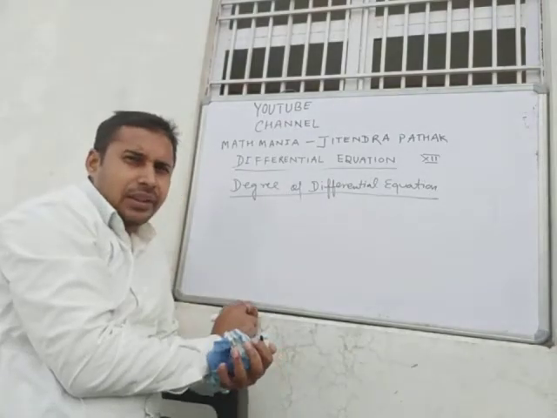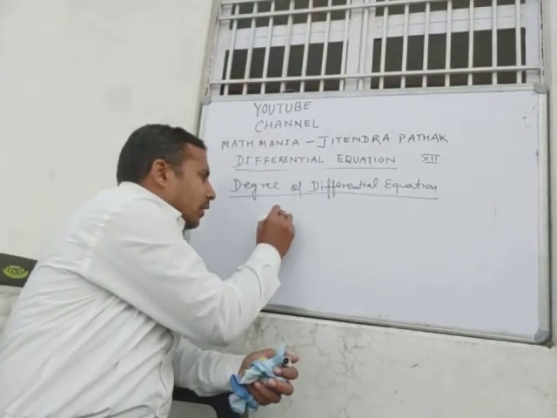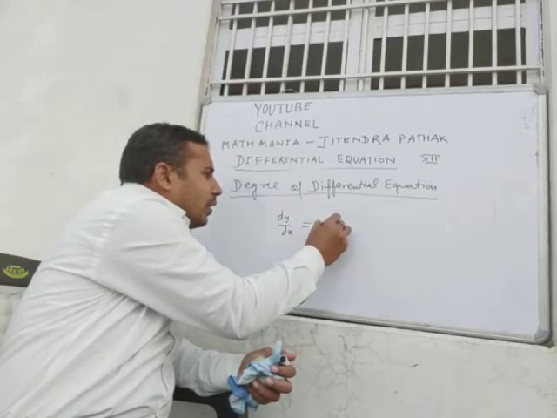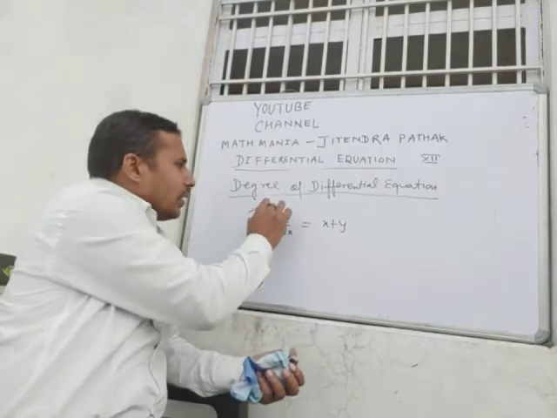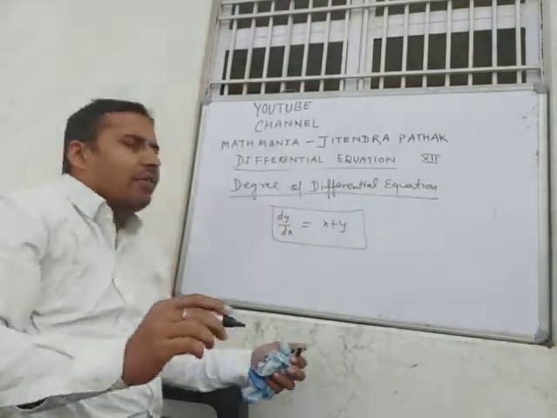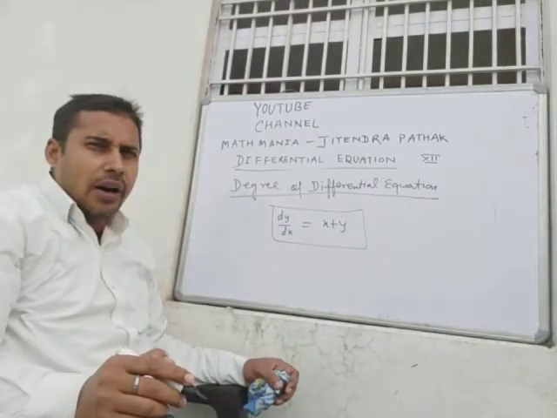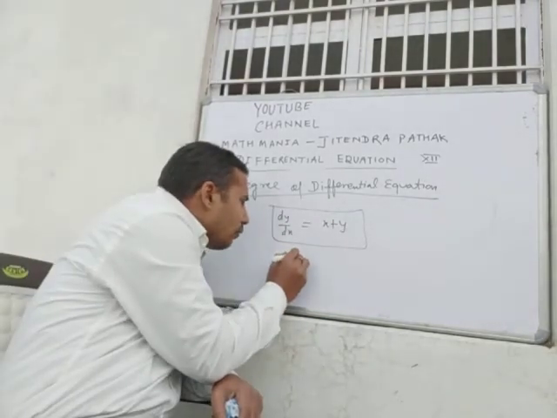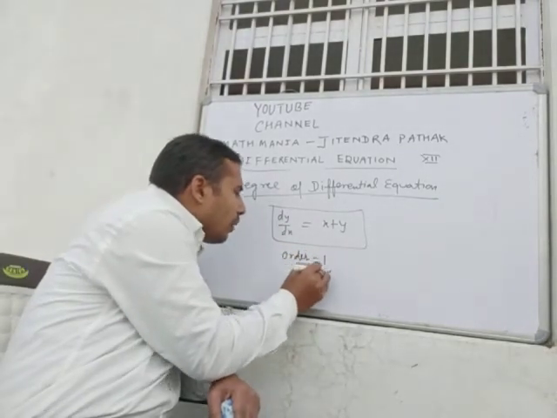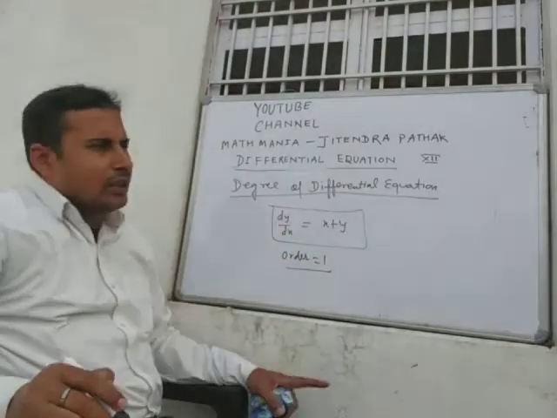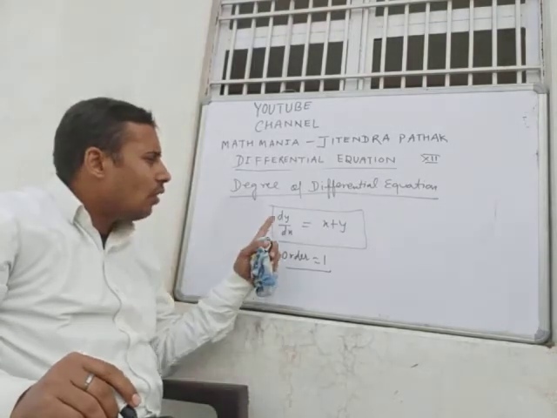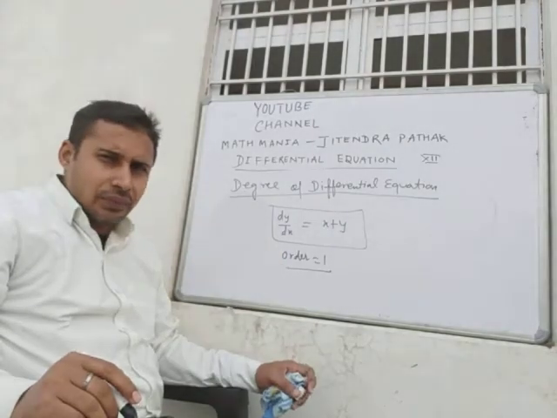Suppose that dy upon dx equal to x plus y. This is a differential equation of order 1, because this equation is differentiated one time, so order is 1.